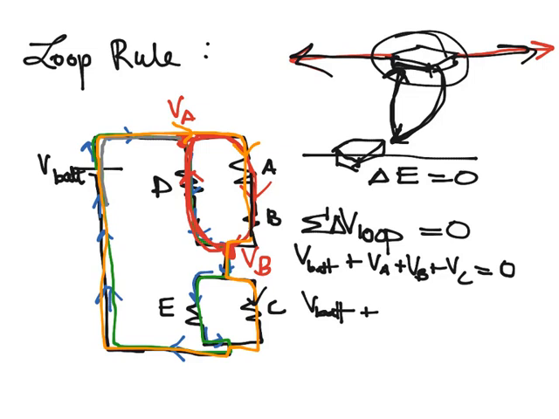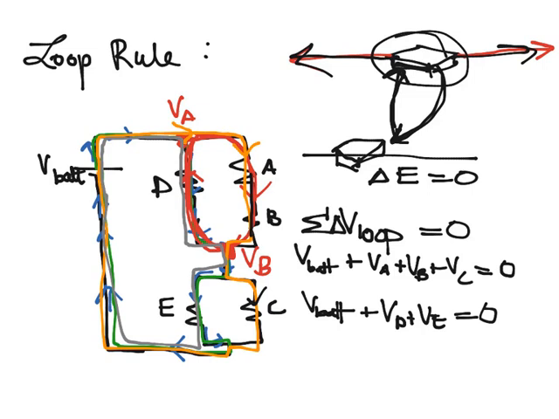If I go through the battery and then I go through D, and then I go through E, and then I come back to the battery, that's a different loop. So I would write for that loop V battery plus VD plus VE equals 0.